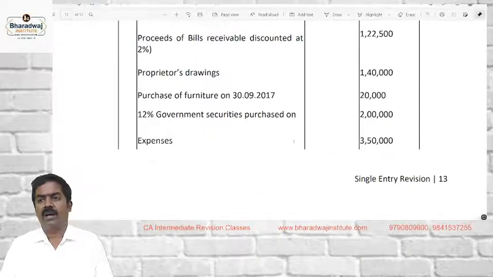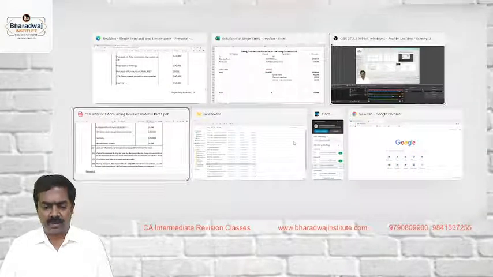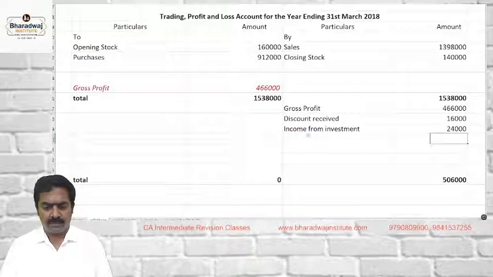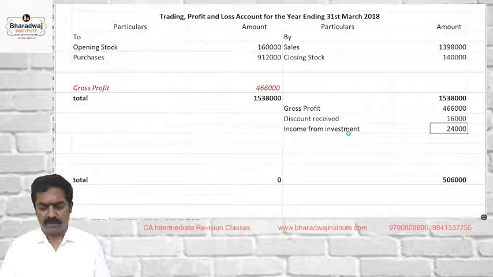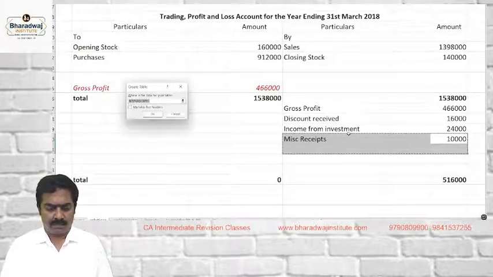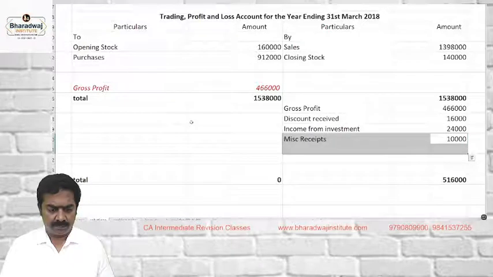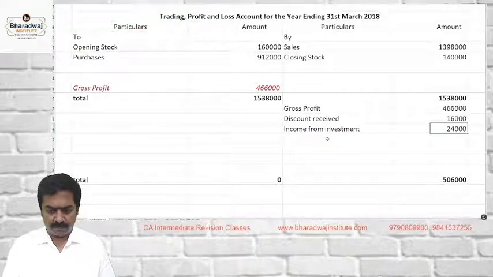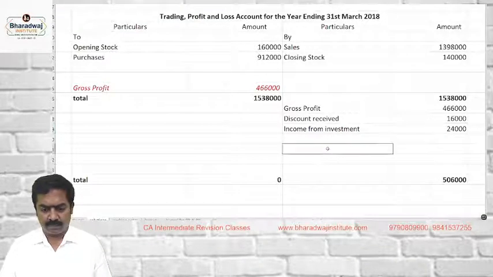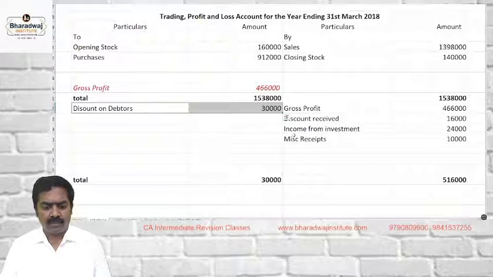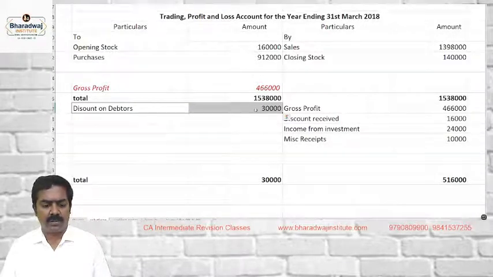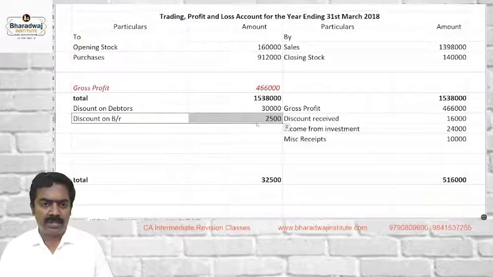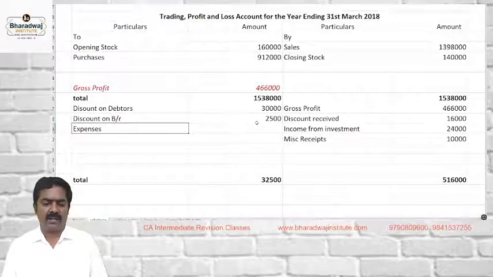Purchased on 30th September, so it will be how much? 12,000. Discount on debtors 30,000. Discount on bills receivable received 20,500.